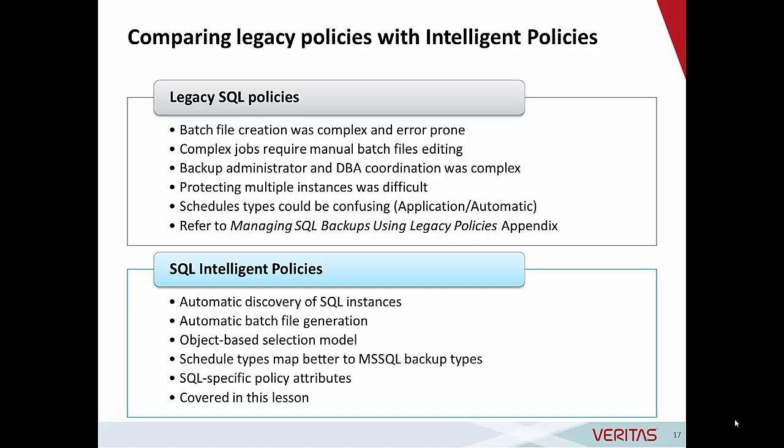And you have options from the intelligent policy to set some of the SQL Server specific policy attributes that in the past you would have had to do by adding logic to your batch files. Our focus in this lesson is going to be on using intelligent policies. For more information about the legacy policies, refer to the Managing SQL Backups Using Legacy Policies appendix.